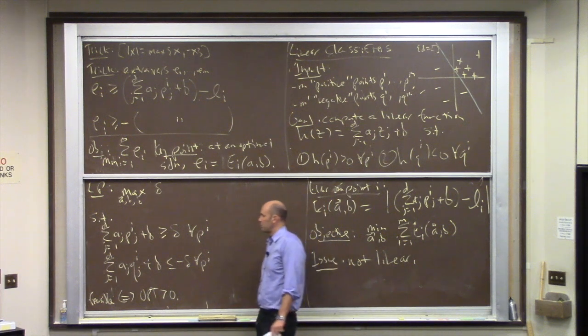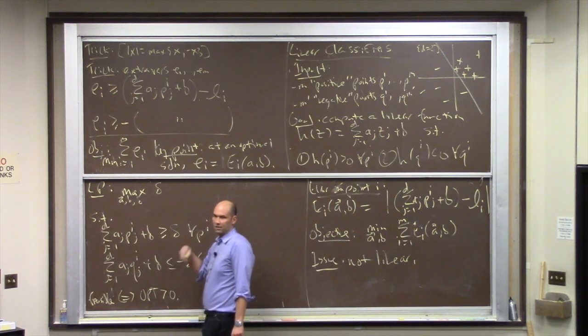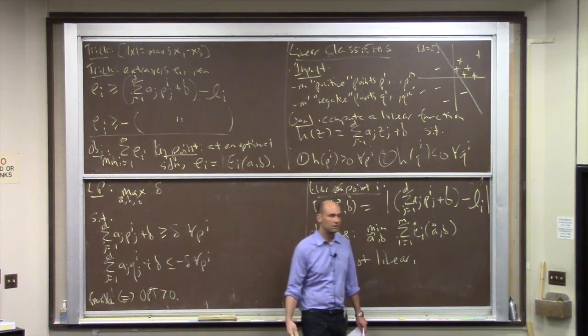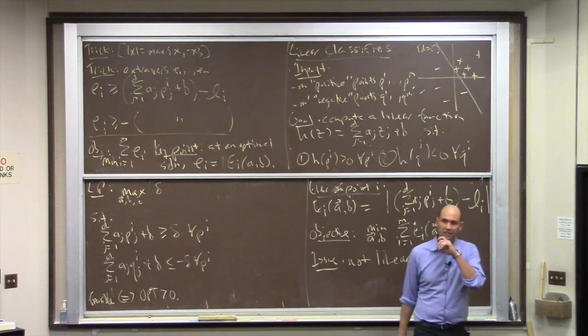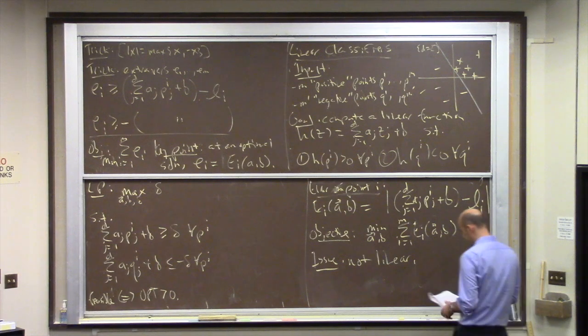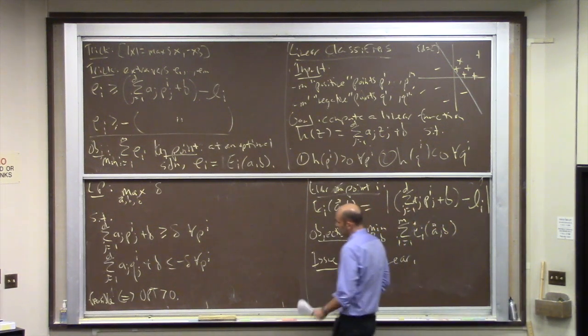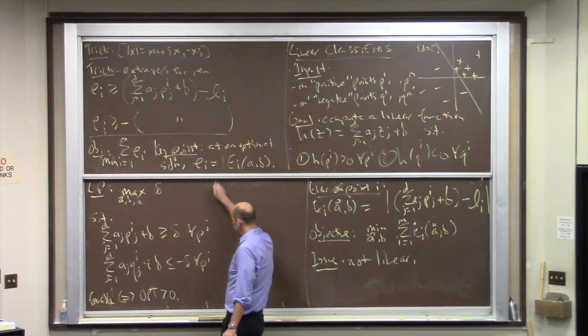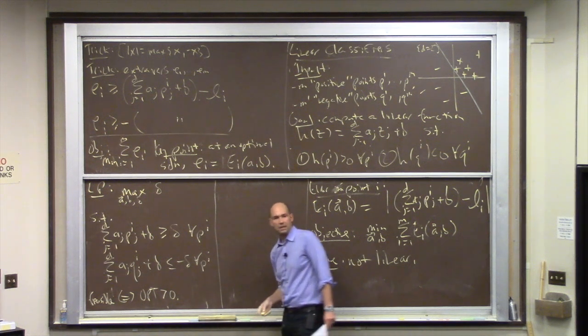If you can find a feasible solution with a positive delta, then it actually says something stronger than strictly bigger than 0. It's at least as big as delta, with delta bigger than 0. Okay? So that's quite nice. We'll revisit this example later, but is everyone clear right now?